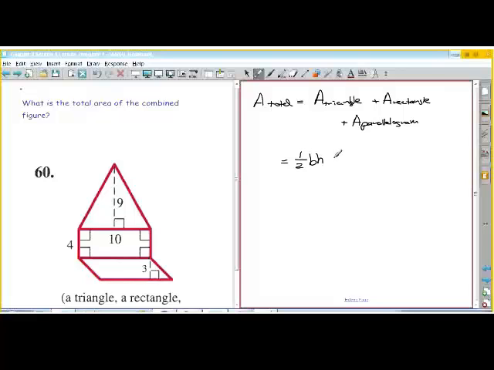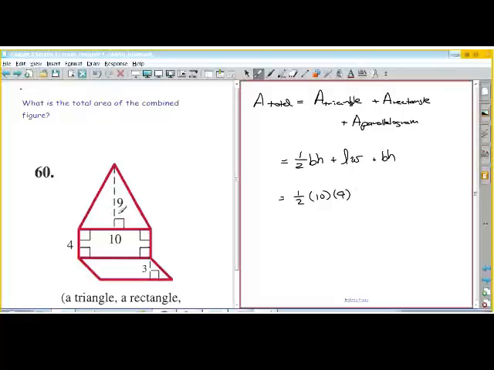Well, the area of a triangle is 1/2 the base times the height. The area of a rectangle is the length times the width. And the area of a parallelogram is equal to the length times the height, or the base times the height, I guess is what they said. So we just have to identify what these parts are. For our triangle, this is the base.